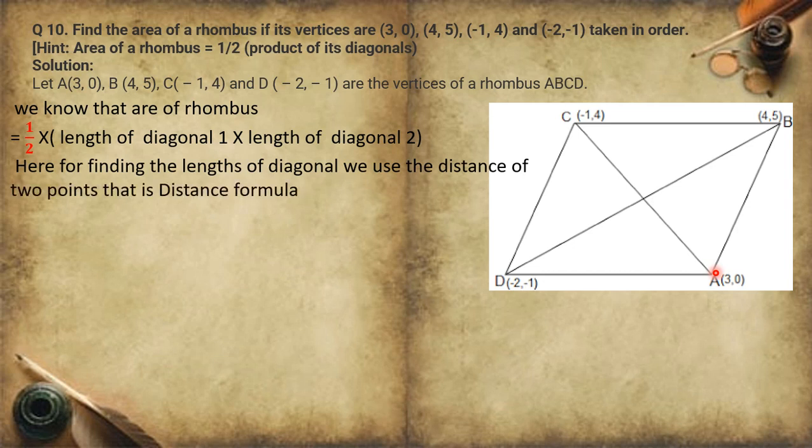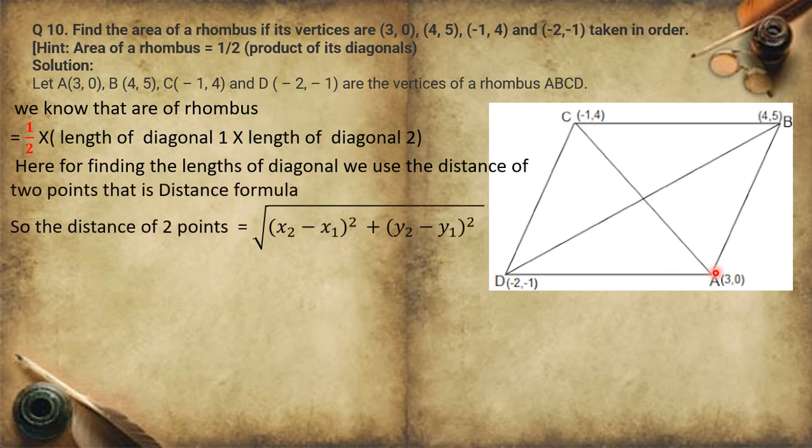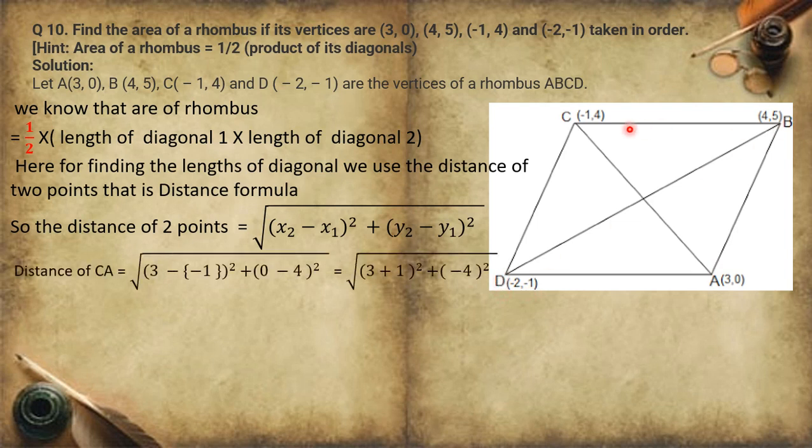So the distance formula, as we know, is under root (x2 minus x1) whole square plus (y2 minus y1) whole square. Let's take one diagonal CA. So for the diagonal CA, we can write x2 minus x1, that is 3 minus of minus 1 whole square plus 0 minus 4 whole square.